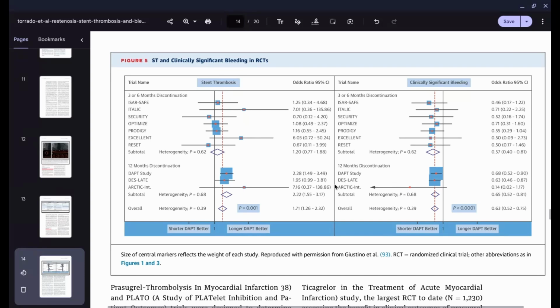If you err on the left, you have clotting. There is a very, very fine line that is still not very well drawn. Knowledge-wise, the subtle balance here is not very well known. So you have stent thrombosis.